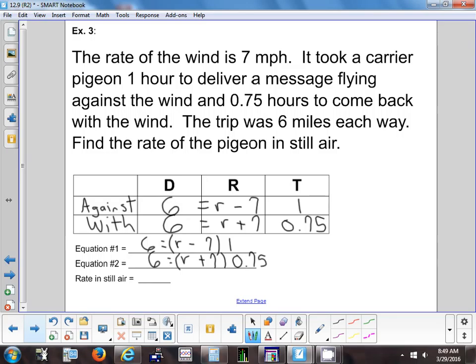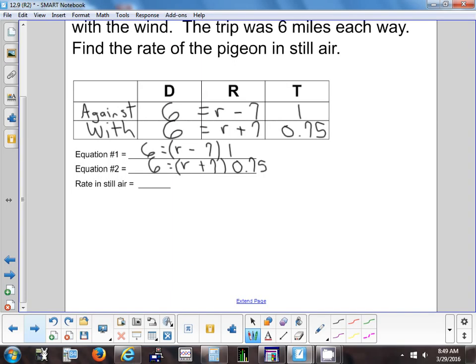All right? So there's our 2 equations. We're good because we only have 1 variable in each. So you guys write that down. Mr. Hager, do you want me to distribute that stuff first?